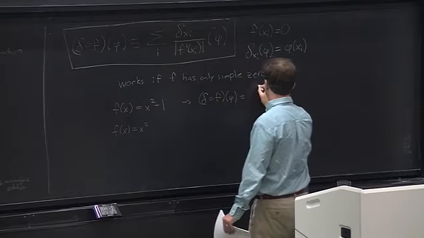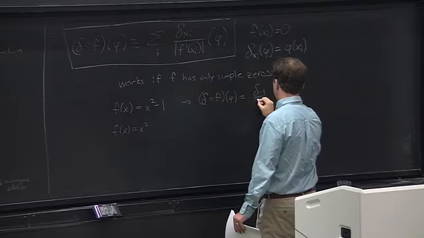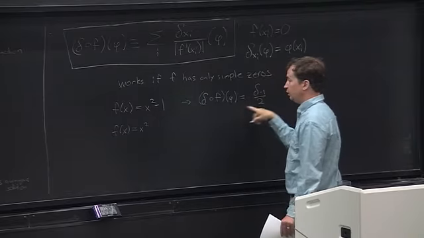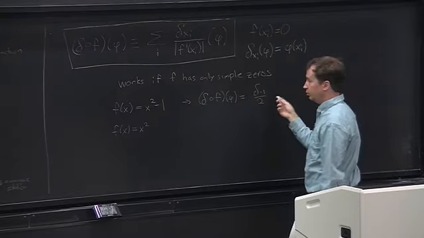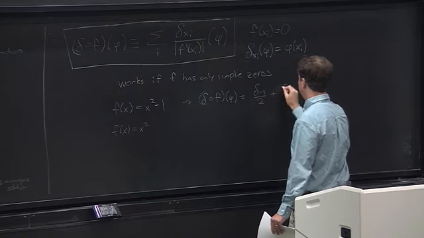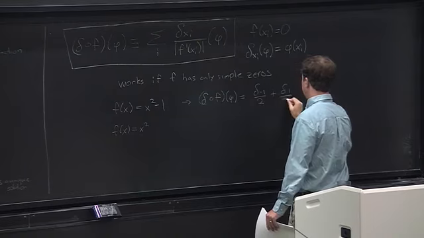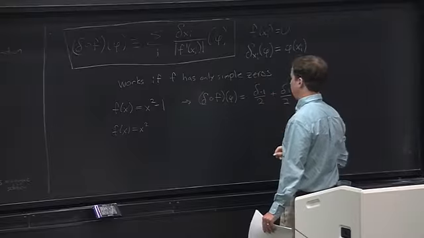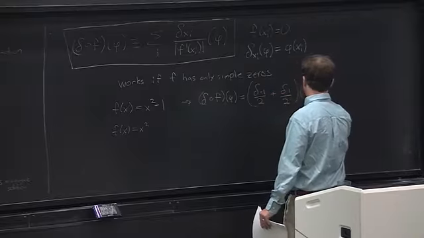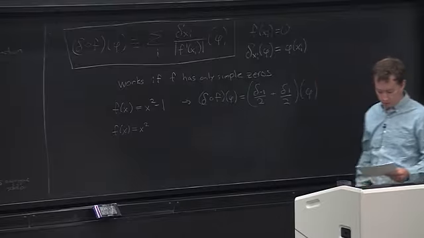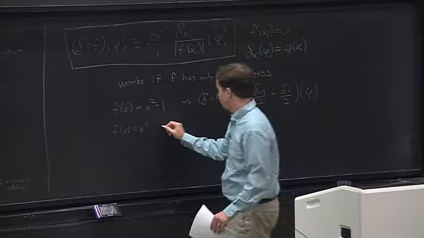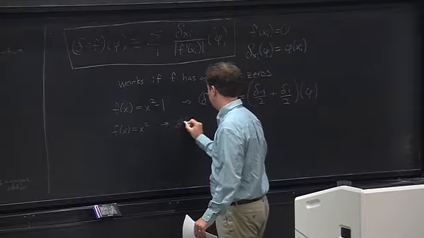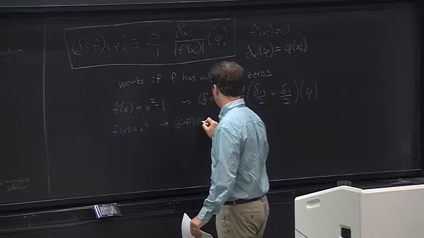That would be delta at minus 1 over 2, because the derivative is minus 2 at minus 1, plus delta at 1 over 2, acting on phi. This one, delta of x squared, is undefined.